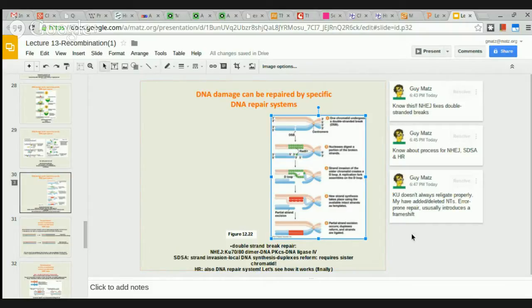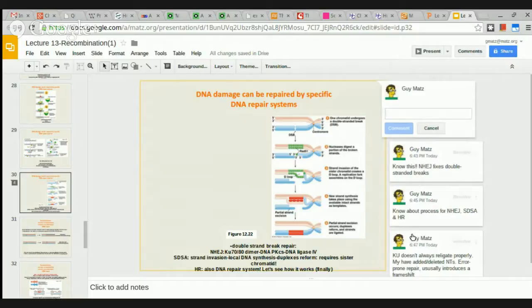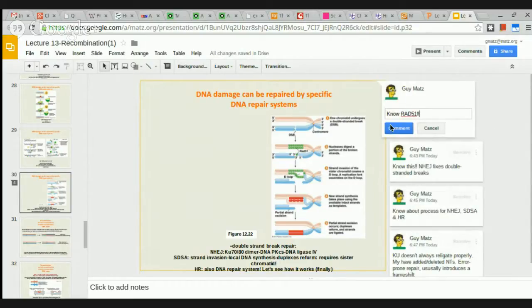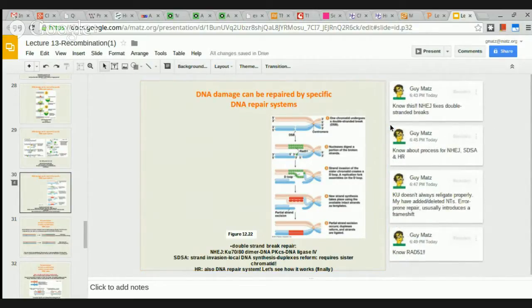And then you see there's a 3' end here that can be extended by DNA polymerase using the sister chromatid as a template. And this extension can actually go past the point of the break. And therefore, this strand that has been resynthesized can re-anneal with the other overhang that was created on the other end of the broken strand.